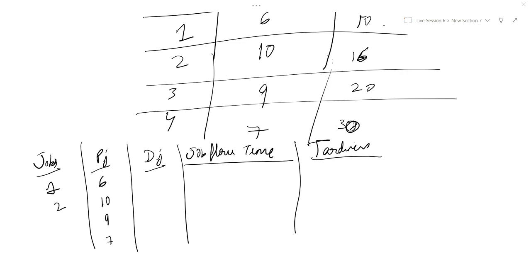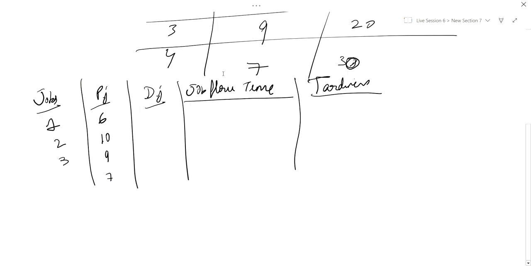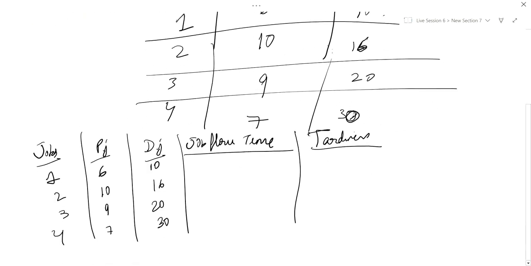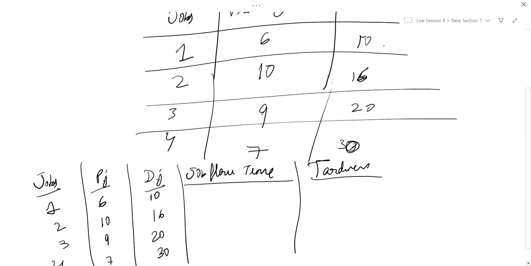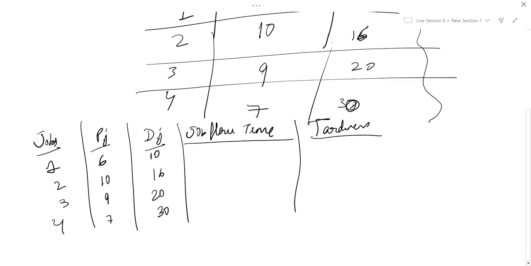This is the job number. Now the due dates are 10, 16, 20, 30. I just took the values. This column is already arranged. So whatever your data is, you have to arrange it in the form of increasing due dates.